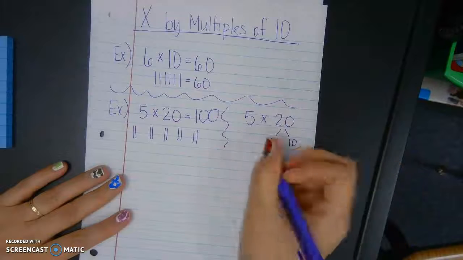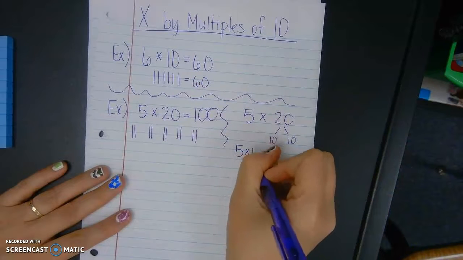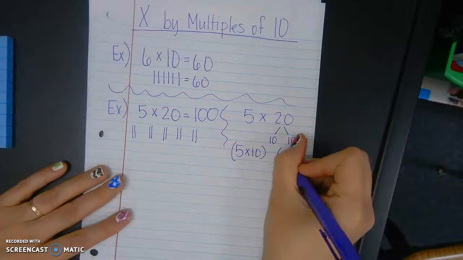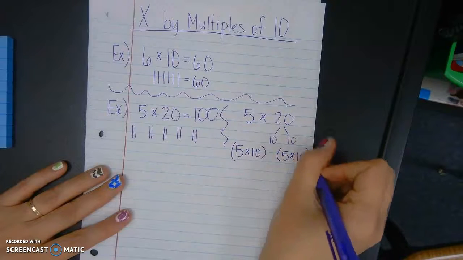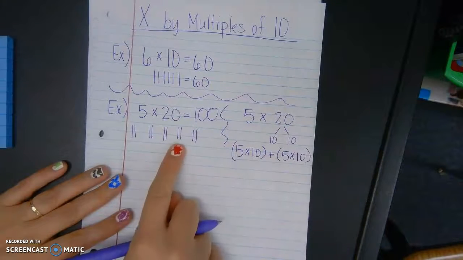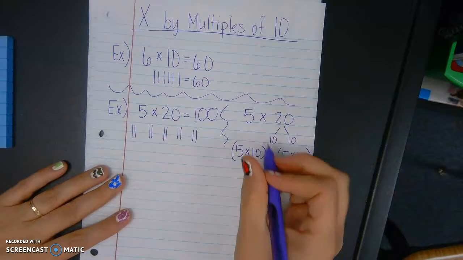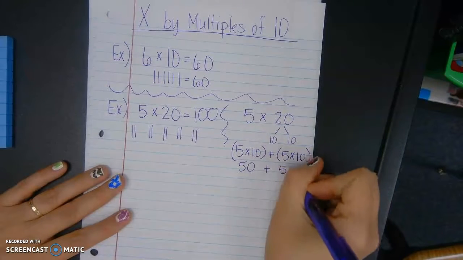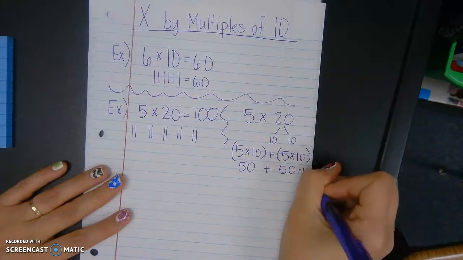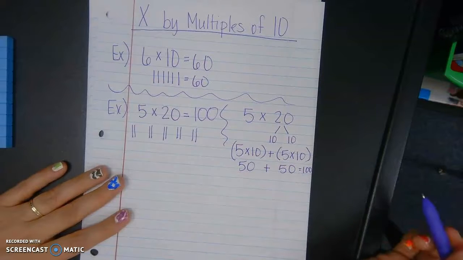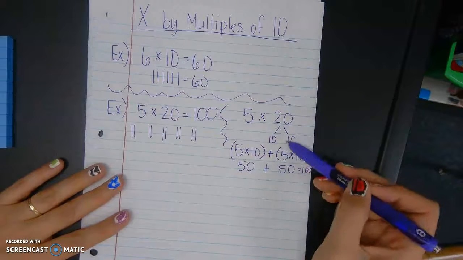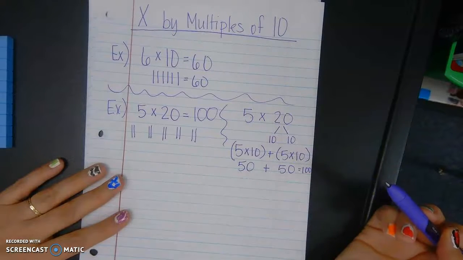Now I can multiply 5 times 10, and then I can do 5 times this 10. And then when I add this together, I'm still going to get 100 because 5 times 10 is 50 plus 5 times 10 is 50, and that equals 100. That's called your distributive property. It's breaking apart a number to make the number easier to work with.